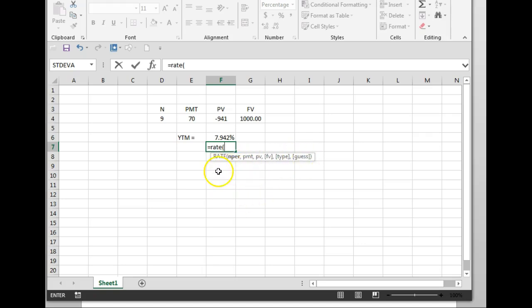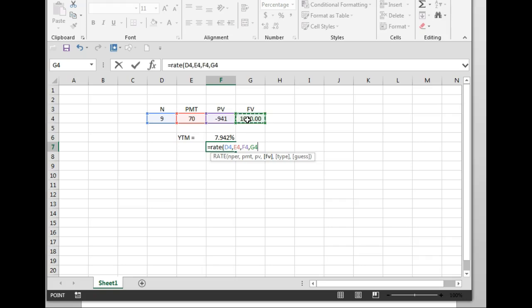So the first one it wants is rate, is periods, in NPER. So that would be here. Then you'll do a comma, and then it wants payment. That would be there, and a comma. And now it wants present value, a comma, and future value.